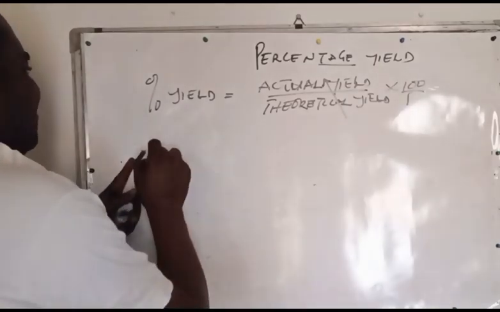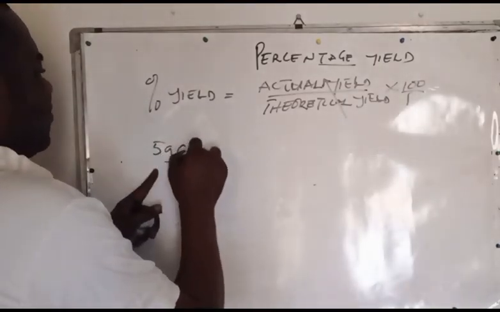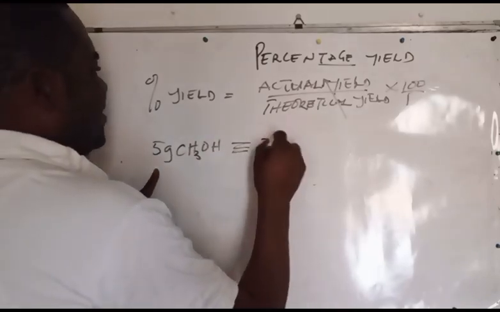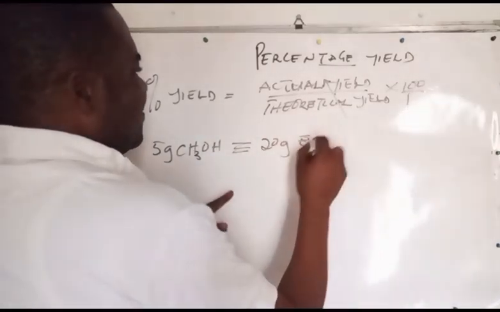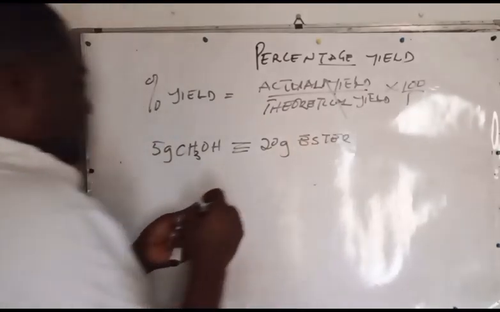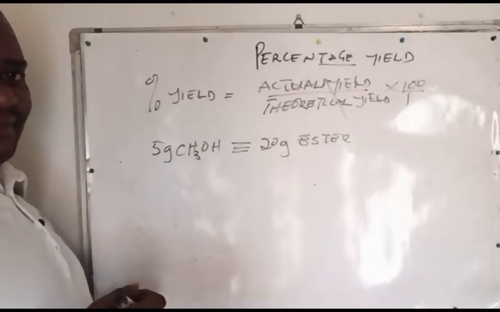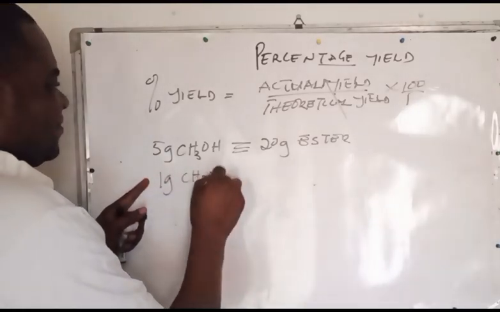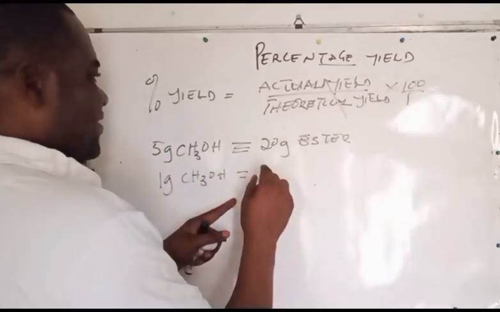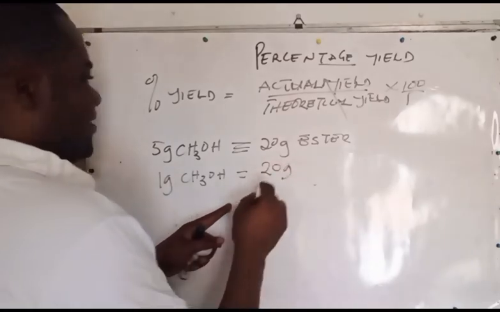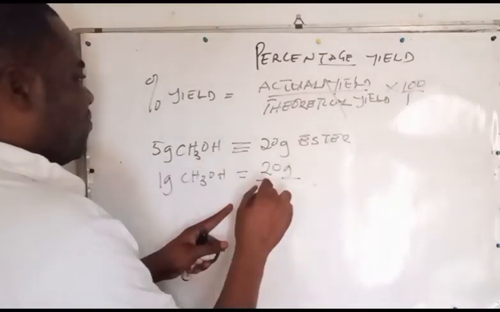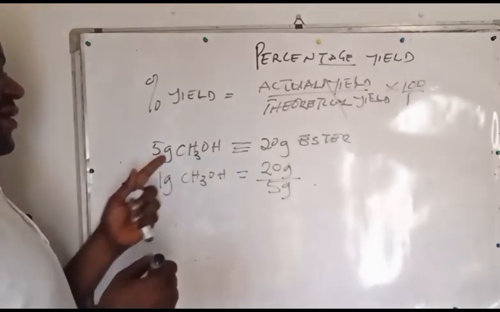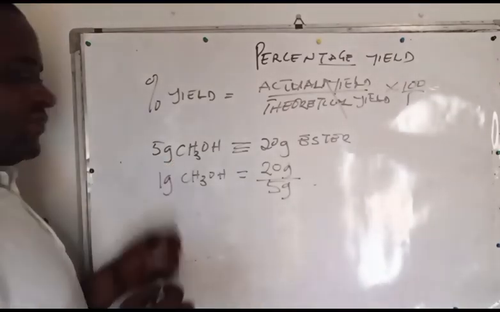That means 5 grams of ethanol yielded 20 grams of the ester, which is the methyl ethanoate. So 1 gram of ethanol will yield 20 grams of the ester all over 5 grams of the ethanol by proportion.